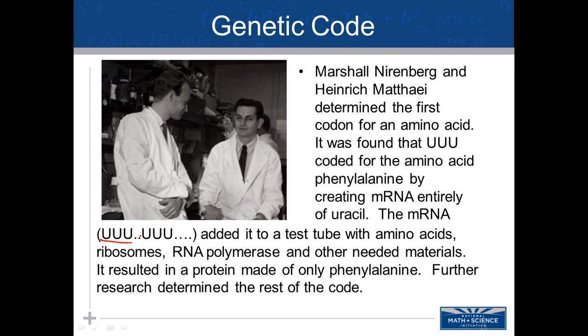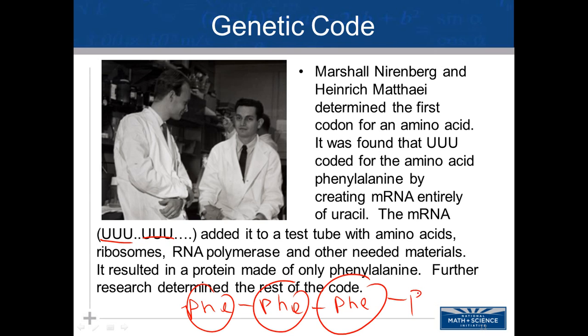And then they looked at what was made. Well, it turns out that the codon UUU codes for a particular amino acid, phenylalanine, and so all they got was phenylalanine, phenylalanine, phenylalanine, and so forth.